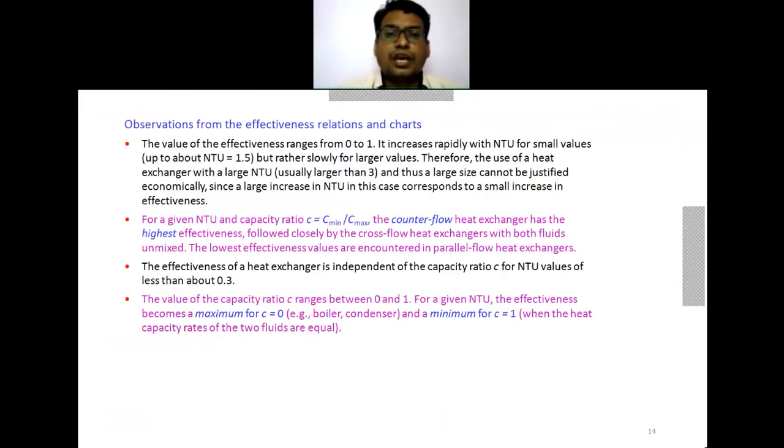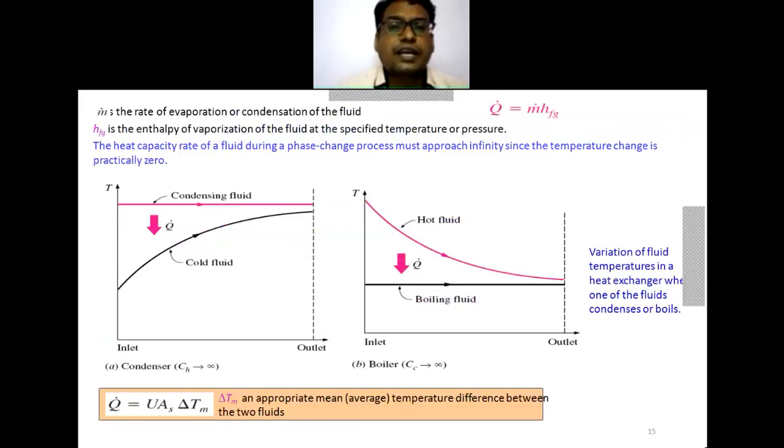Then the different cases: the case of condensation and the case of boiling. In condensation, the temperature of the hot fluid is constant. Only the latent heat lambda is getting transferred, so the temperature of the condensing fluid remains constant.